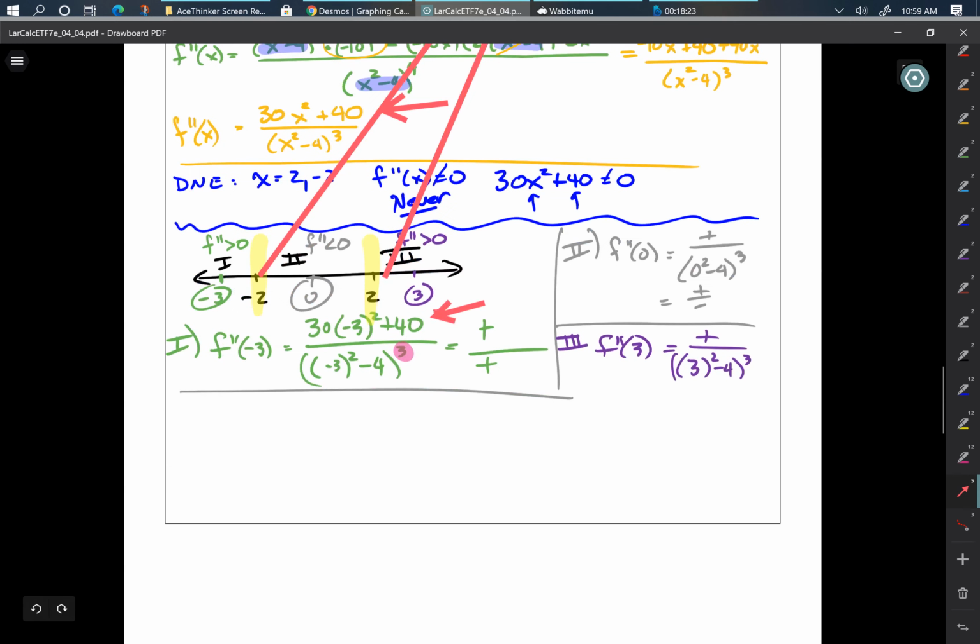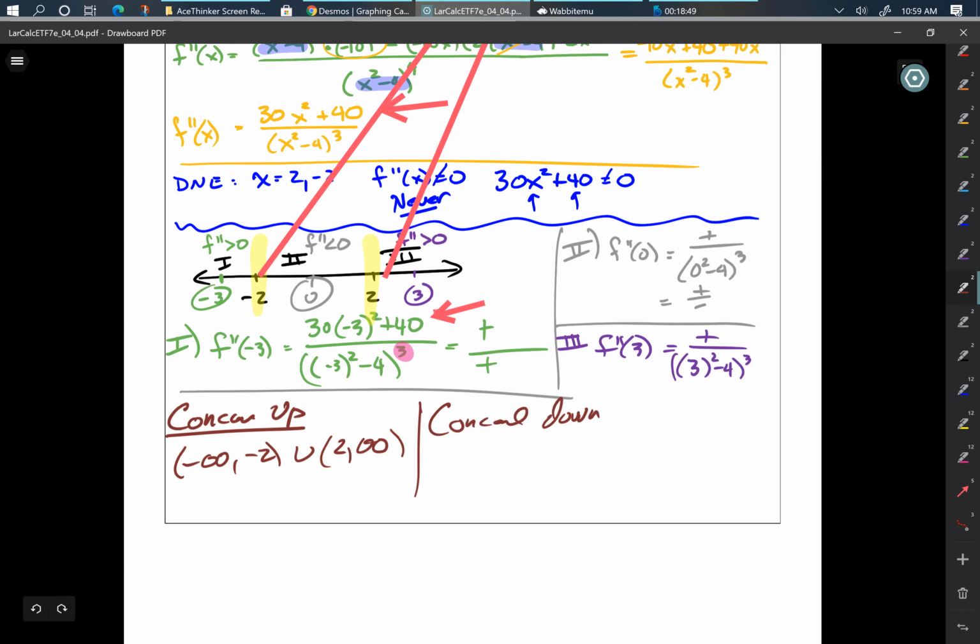Right? So last thing we'll do is wrap it up, make it look pretty, write everything out. So when is this graph concave upwards? Well, it's concave upwards on interval number 1, which starts at -infinity and stops at -2. It's also concave up on interval number 3, which starts at 2 and stops at infinity. Where is it concave down?